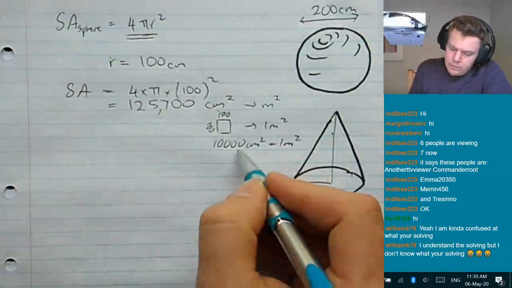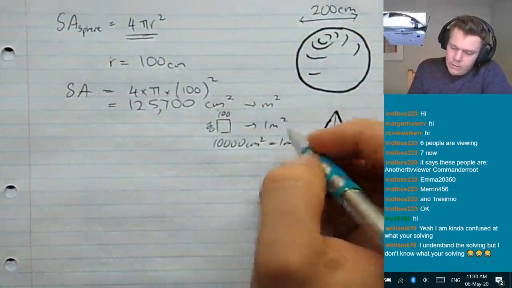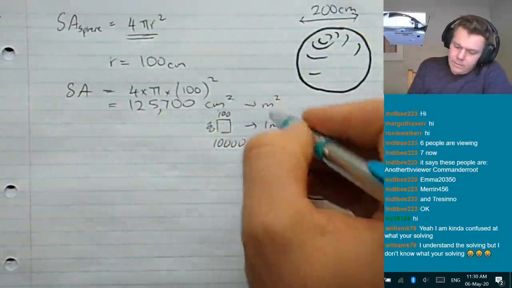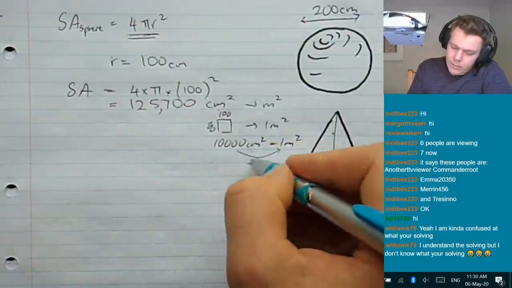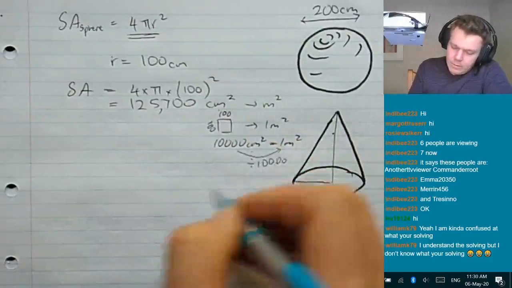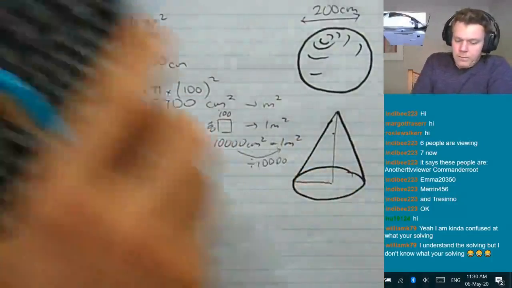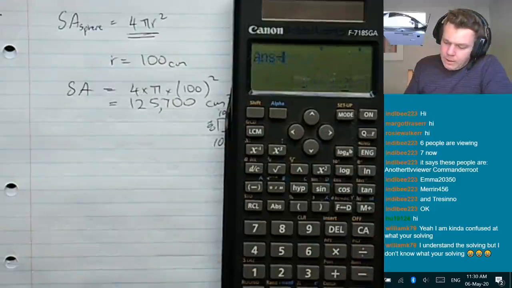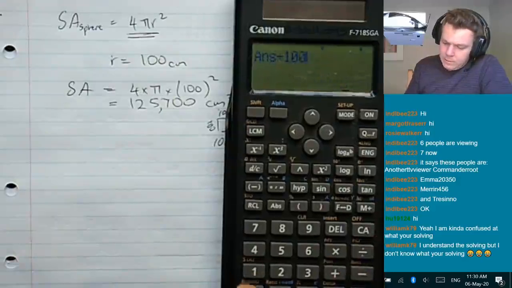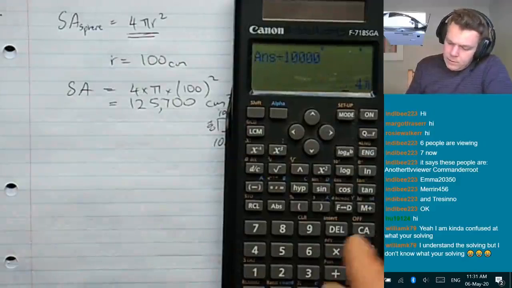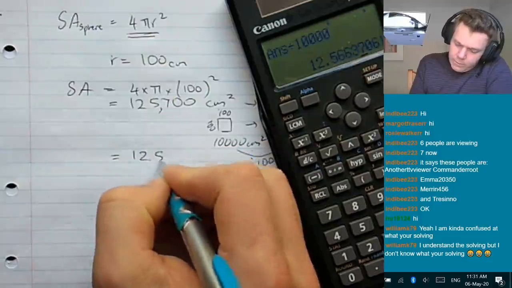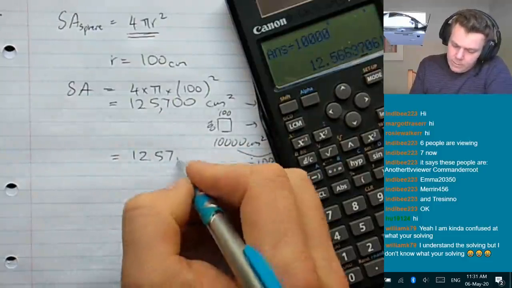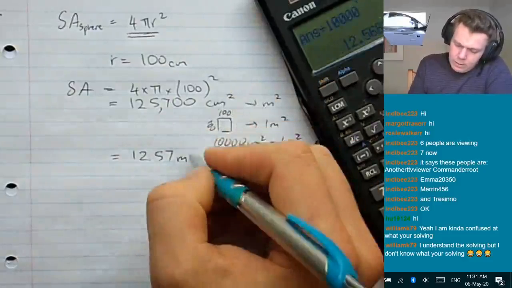So to go from 10,000 to 1, we would divide by 10,000. So if we use our current answer and divide by 10,000, we get 12.57 meters squared.